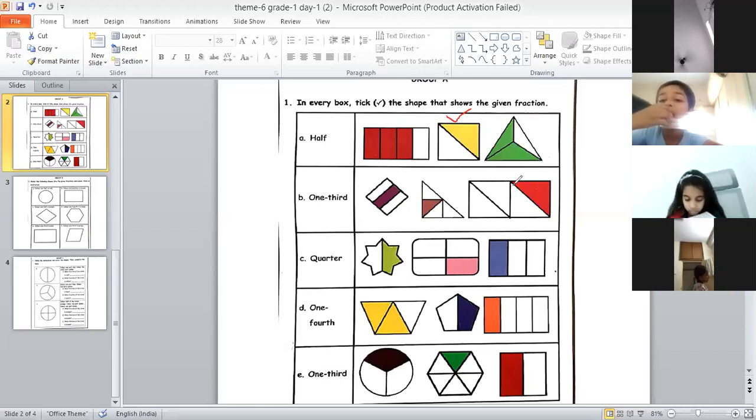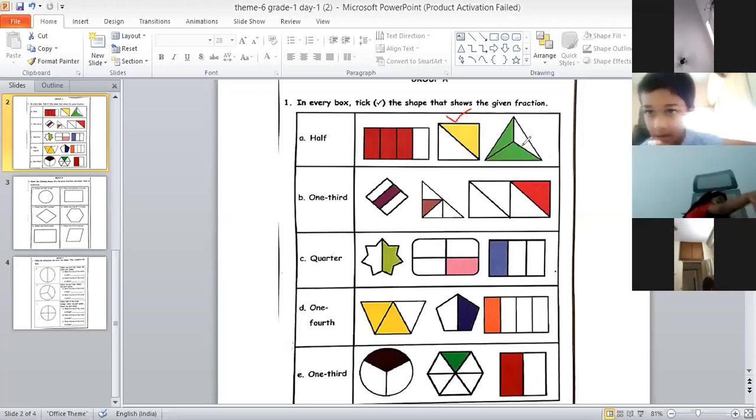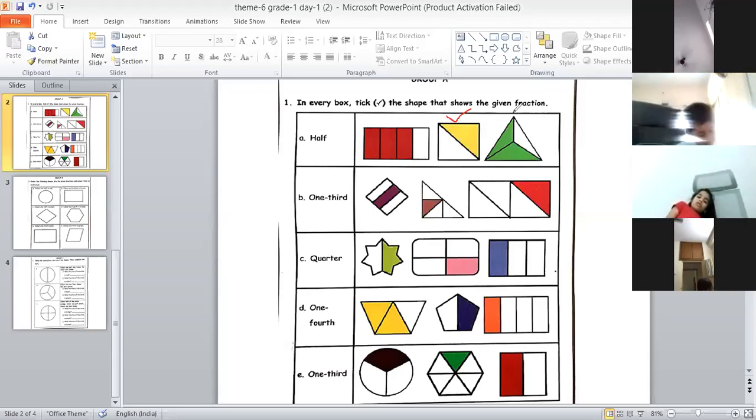If the shape is divided into 3 parts and out of 3, if 1 part is unshaded here, then which fraction is it representing? If the shape is divided into 3 parts and if out of 3, 1 part is unshaded, then it is representing 1/3 of fraction. Yes, it is representing 1/3.